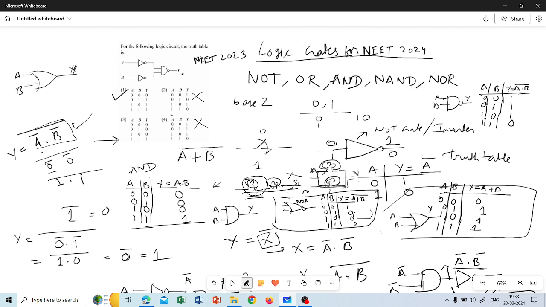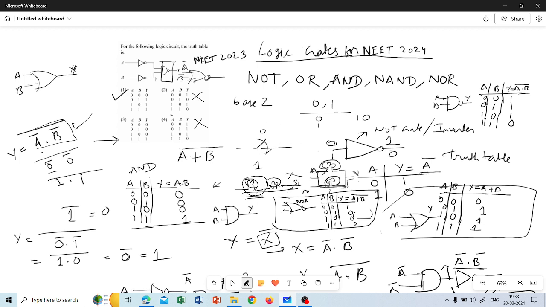Similarly, there is one more task you can try: what if I replace this NAND gate here by a NOR gate? Same question. What will the answer be? You can try this, with A bar and B bar.